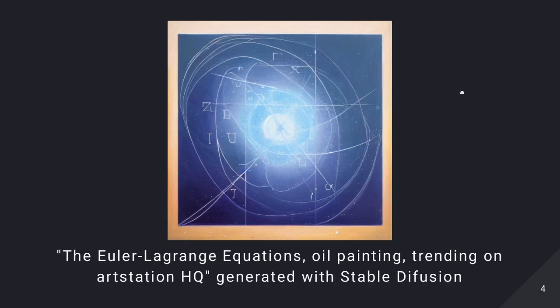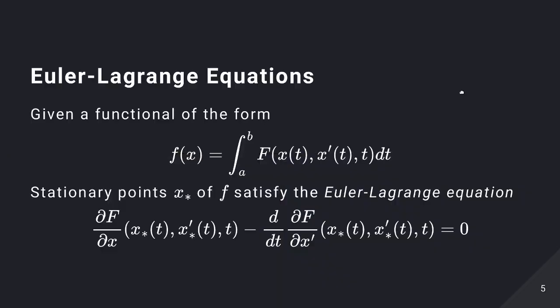I also asked Stable Diffusion to give me its impression of the main subject of today, the Euler-Lagrange equations. This is one of the images that came up the nicest, so maybe we come back to this, but I like it because it captures the idea of these Euler-Lagrange equations being very fundamental to physics. I have more images at the end, but I thought it would be a nice touch.